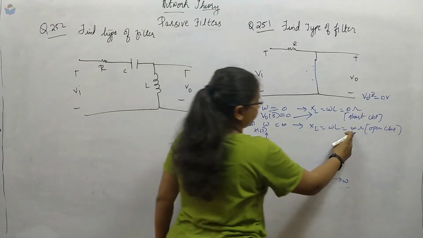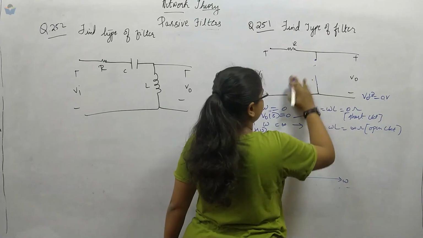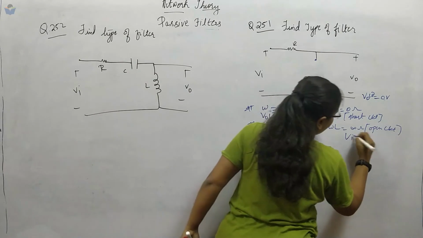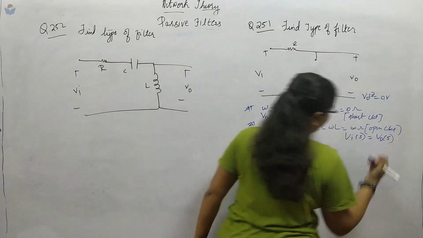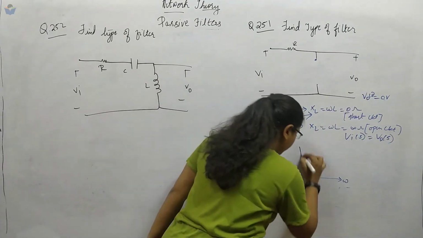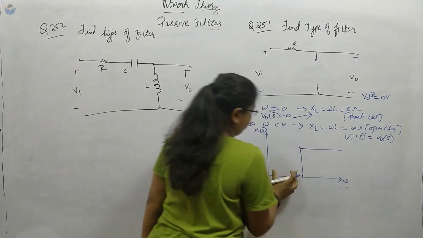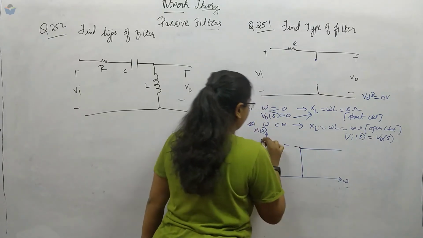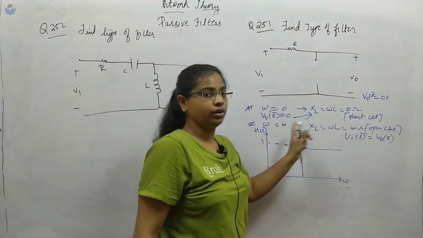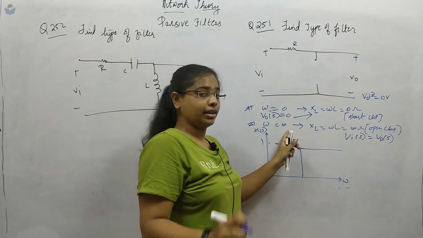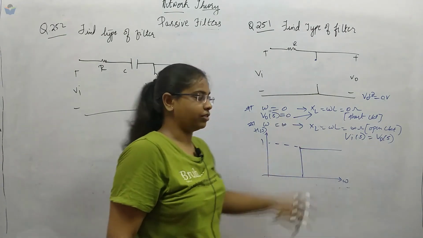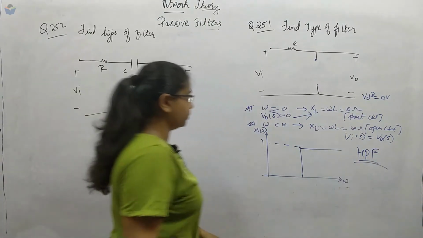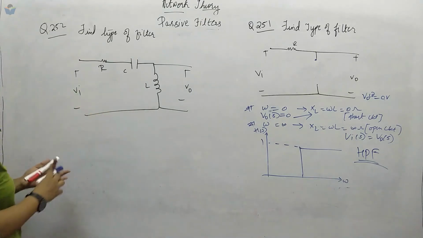At omega equal to infinite, we have open circuit, and directly we have Vi of S equal to the output voltage. So for lower band frequencies we have output voltage 0, and for a higher range of frequencies, that is omega equal to infinite, it is 1 times the input voltage. So what type of filter is it? High pass filter.